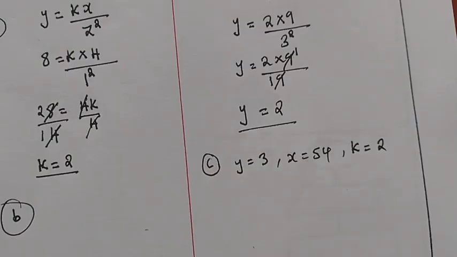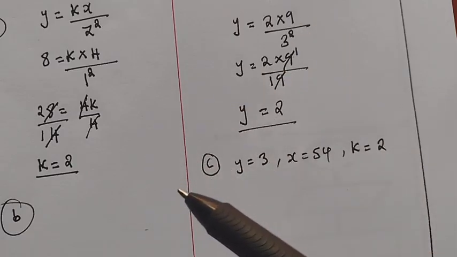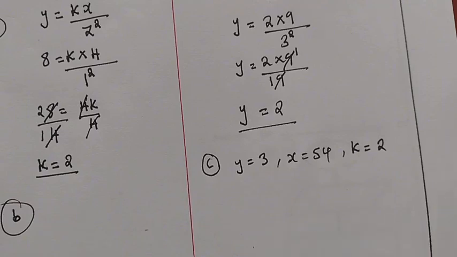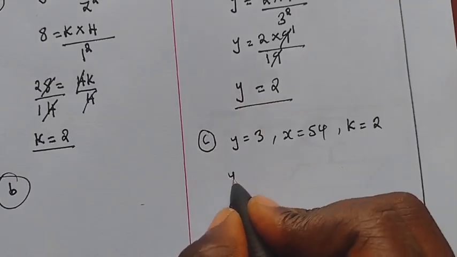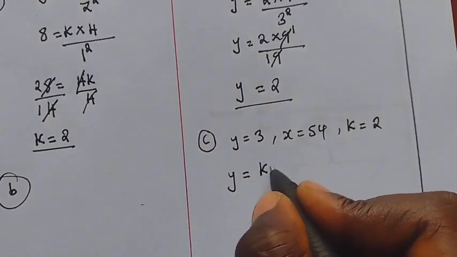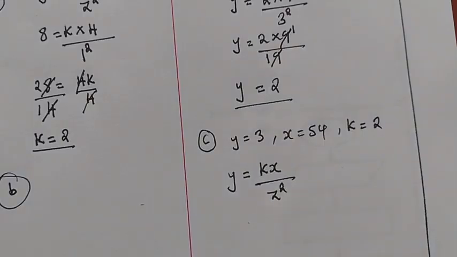So the way these questions are, the moment you fail to find the correct answer for the constant of variation, it means you fail all these other questions. So let us come up with our equation. Our equation is y equal to kx over z squared. This is our equation that we are using.